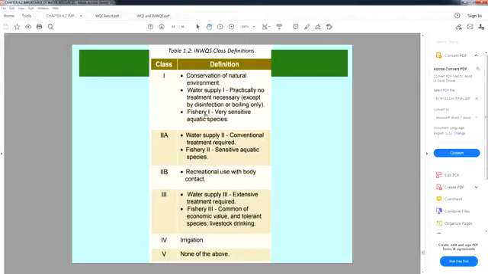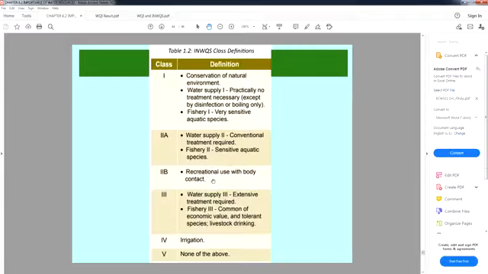It is good for fishery level 1, very sensitive aquatic species. So in order for you to conserve these very sensitive aquatic species, you have to make sure that the level is in class 1. So class 2A is a conventional treatment required, and also good for the sensitive aquatic species.